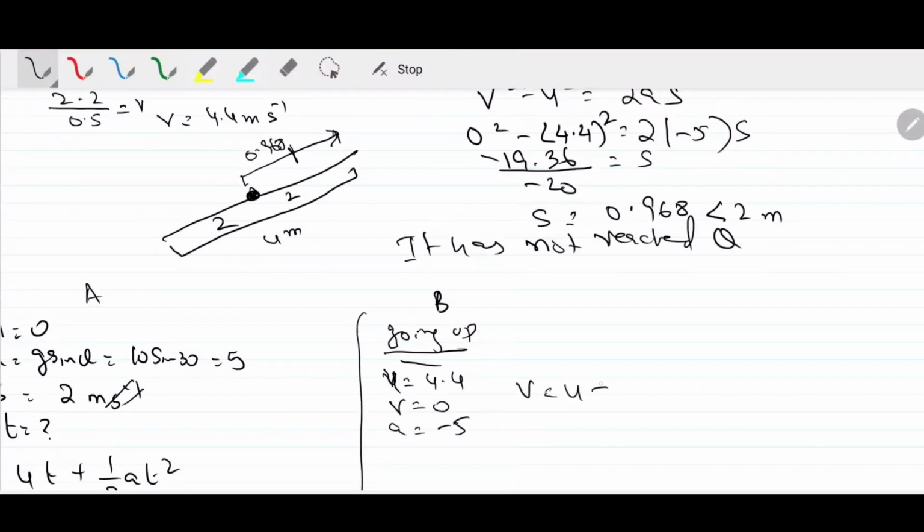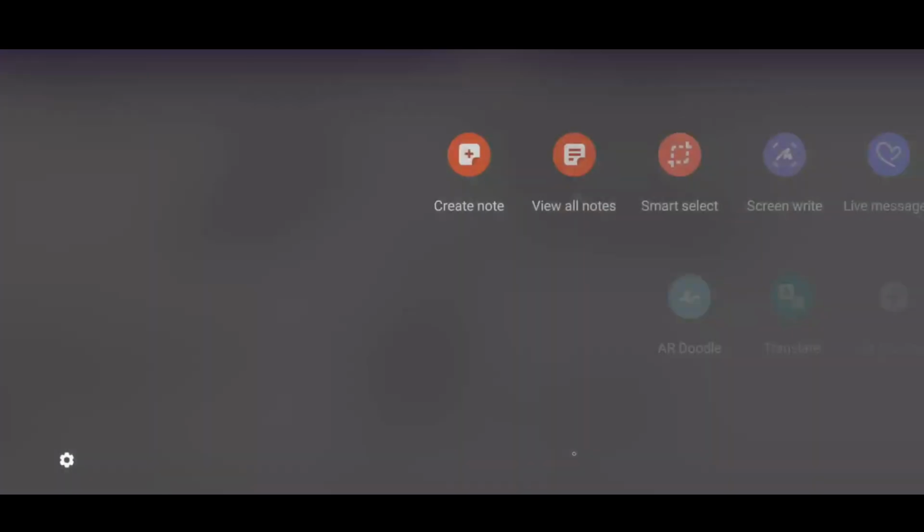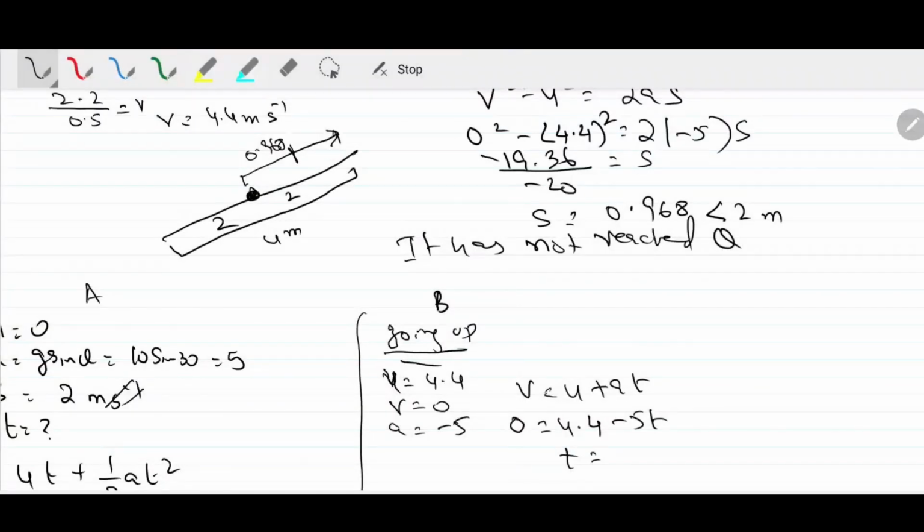So V is equal to U plus at. 0 equals 4.4 minus 5t. The time that B takes to go up is 4.4 divided by 5, that is 0.88 seconds. Then coming down, its initial velocity is 0 and its acceleration is 5, because g sine theta is 5.